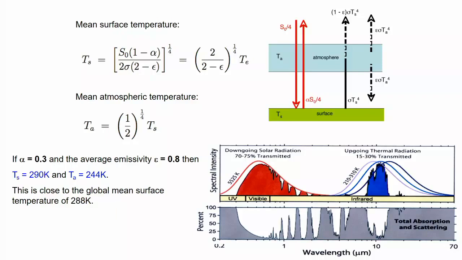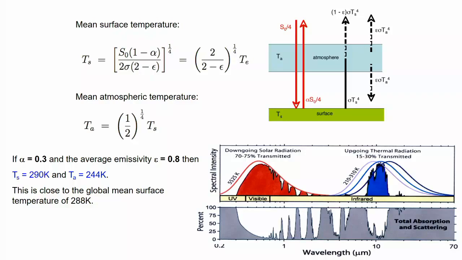We've got the temperature of the surface of the Earth, and that can be described by the power of the sun, S0, that's the amount of solar radiation we're receiving, times this thing here with alpha in it, and alpha is the albedo, so that's how shiny the planet is, divided by 2, which is a constant, times the Stefan-Boltzmann constant, times this thing here, 2 minus epsilon, where epsilon is the absorptivity of the atmosphere, or emissivity of the atmosphere, or whatever you call it.